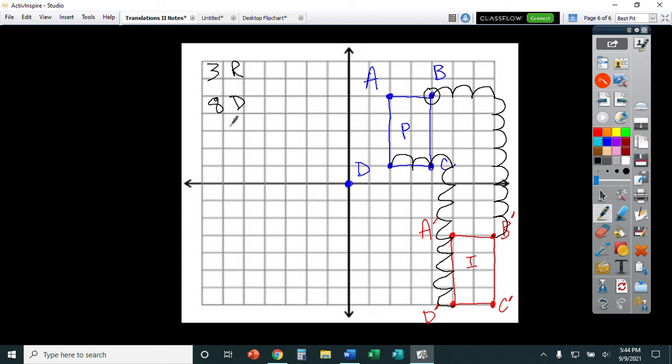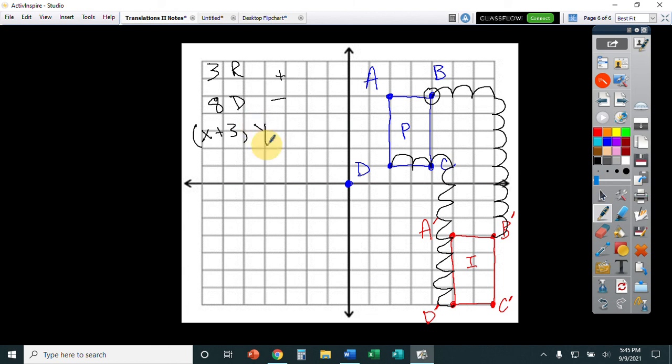Okay. So the rule is we know if we go to the right on the x-axis, that's in a positive direction. And we know that if we go down on the y-axis, that's a negative direction. So this means I took the x-coordinates of the pre-image and I added 3 to them.